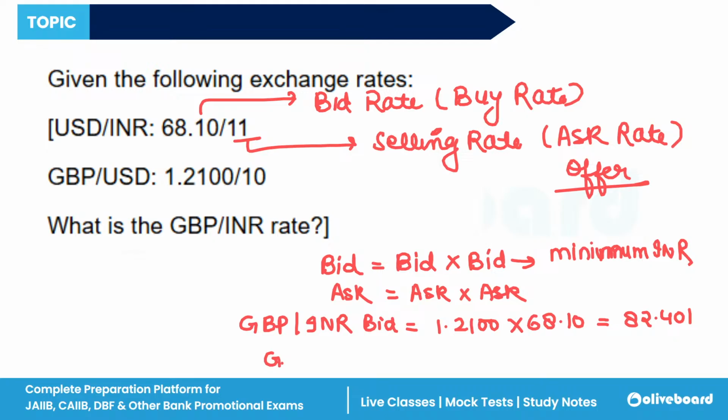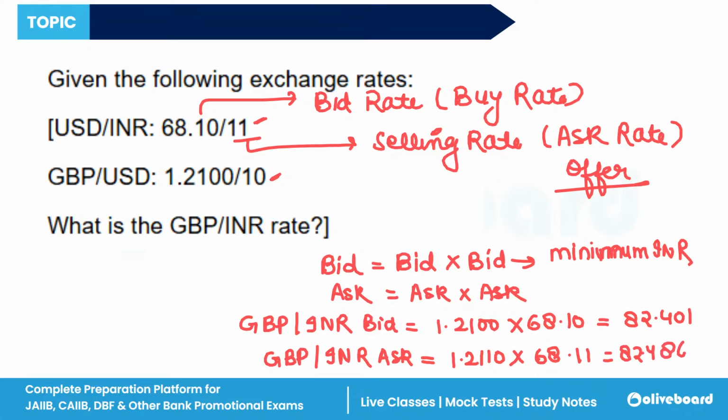And for the British pound INR ask rate, it is 1.2110 multiplied by 68.11. So we got here 82.48621.